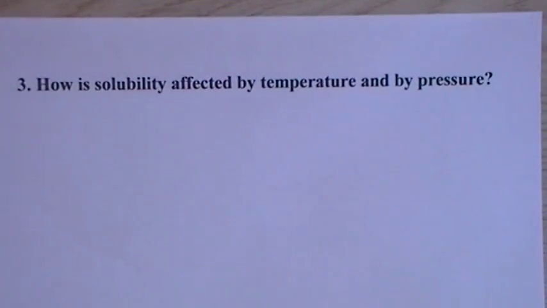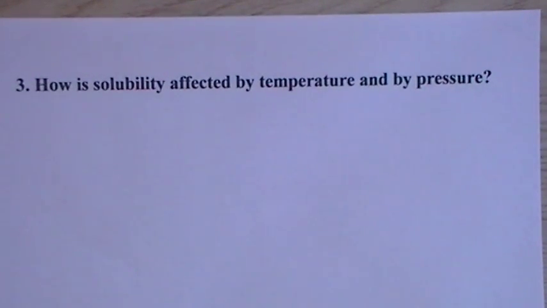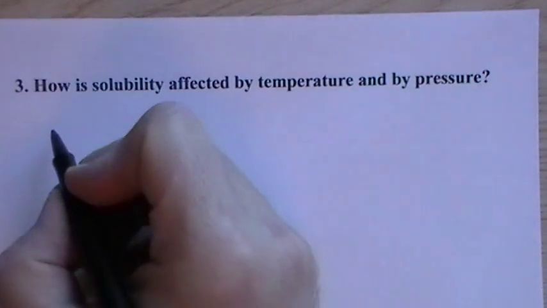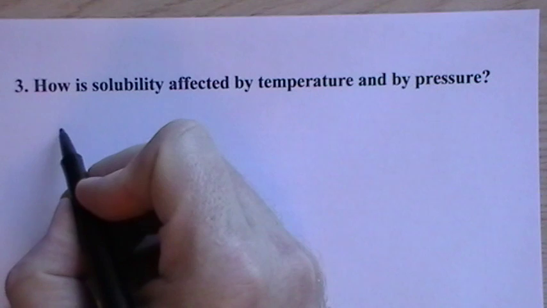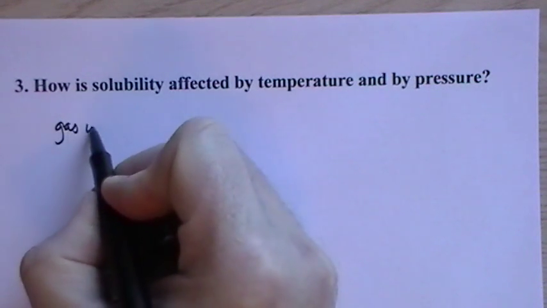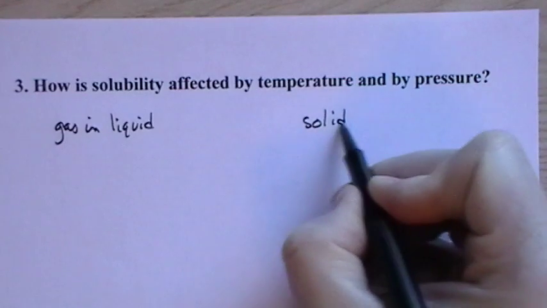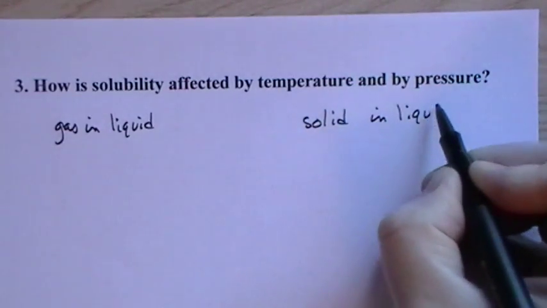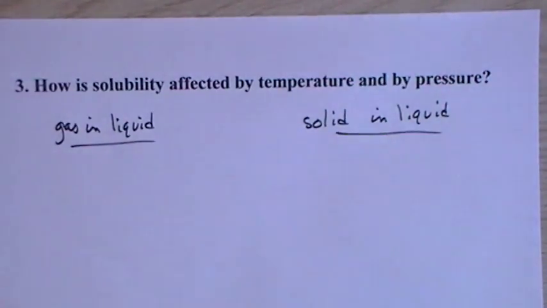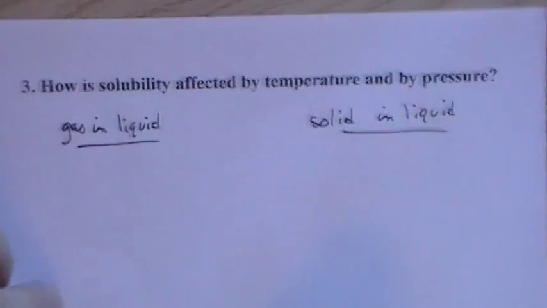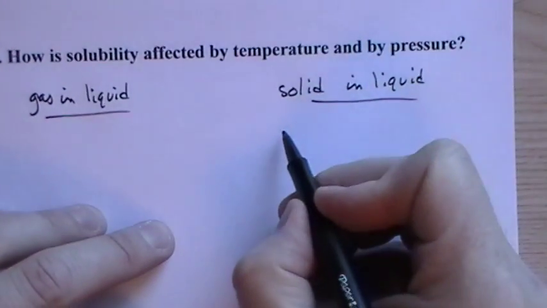How is solubility affected by temperature and pressure? Okay, so we have two solutions that we want to work with, gas in liquid and solid in liquid. These are the two solutions that we want to work with. Let's do the solid first.